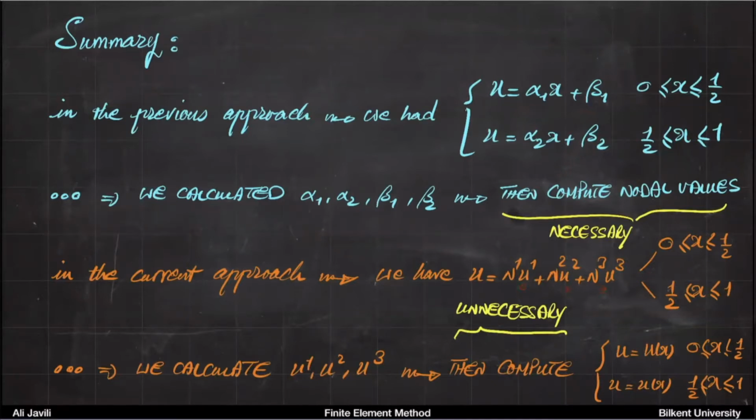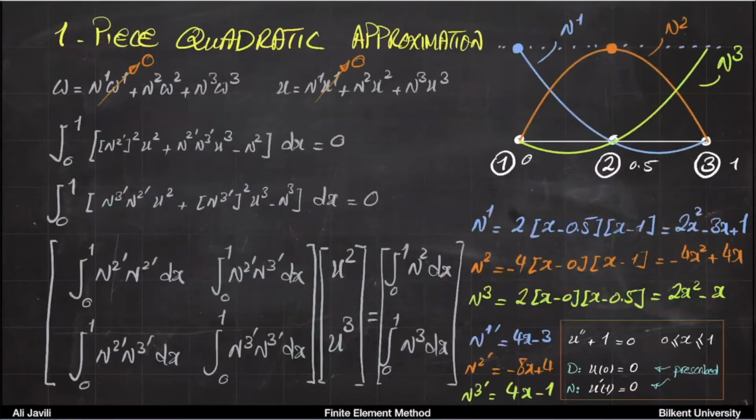So the unknowns of the approximations are the nodal displacements, which is very nice, meaning that if you solve your system, you get the solution that you are looking for immediately. And then we also tried that example with this one-piece quadratic function.